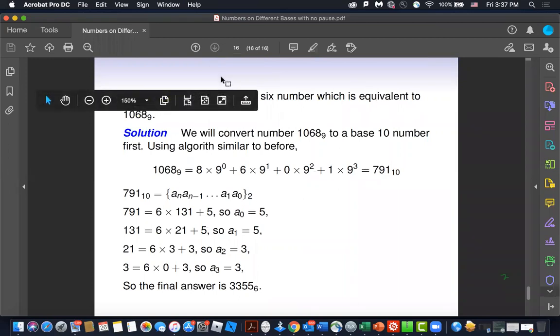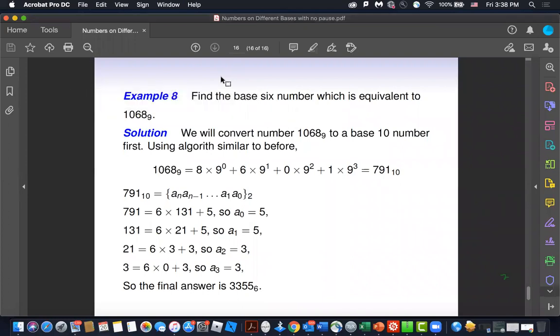I hope you enjoy this topic. As I said, people care especially about binary numbers because of the computer. It's all about the computer. Binary numbers have such wide application in the information area.